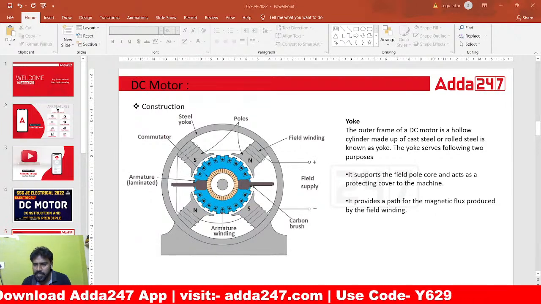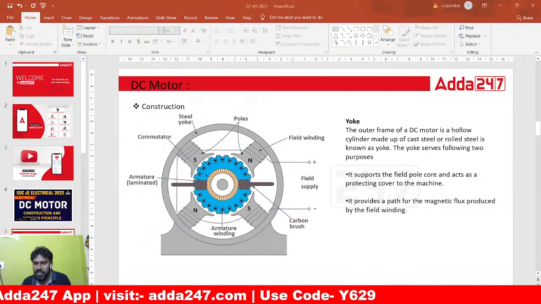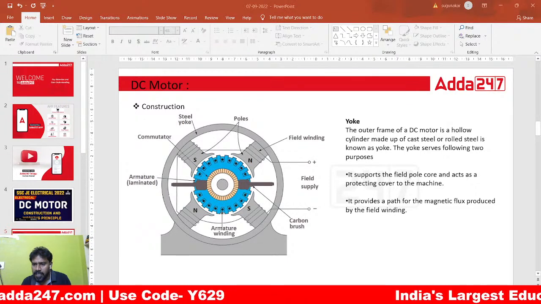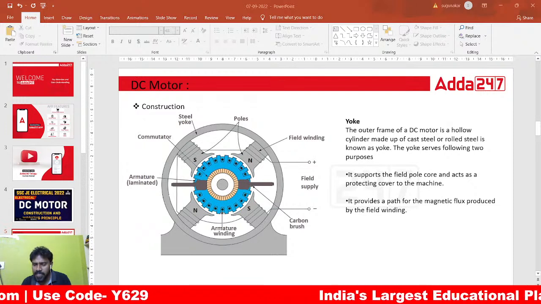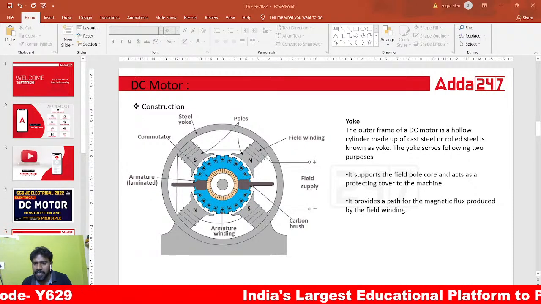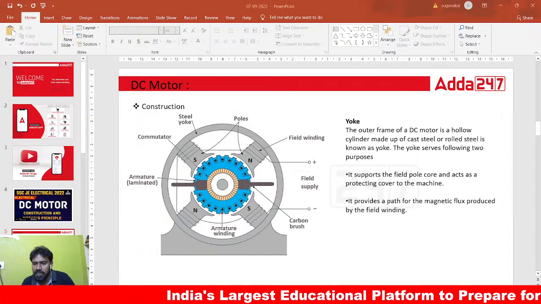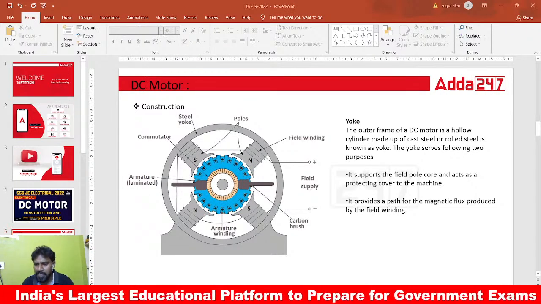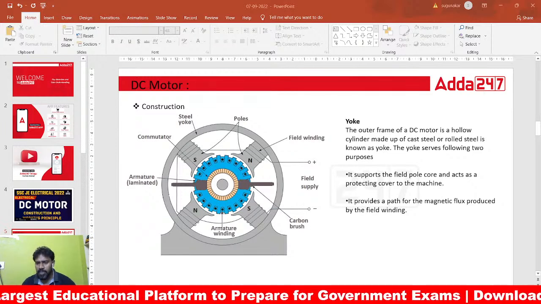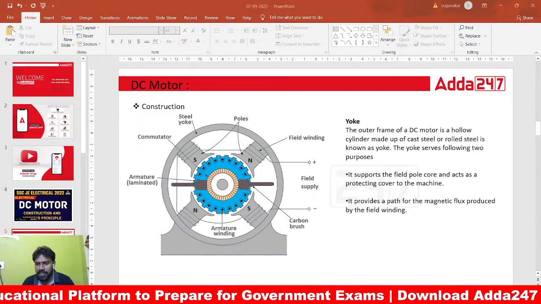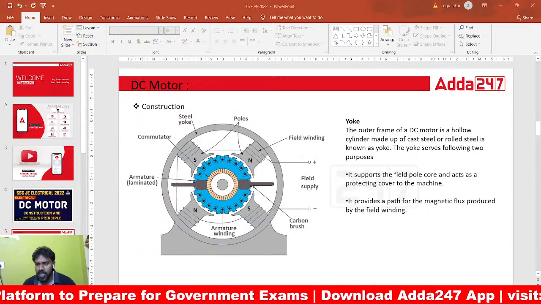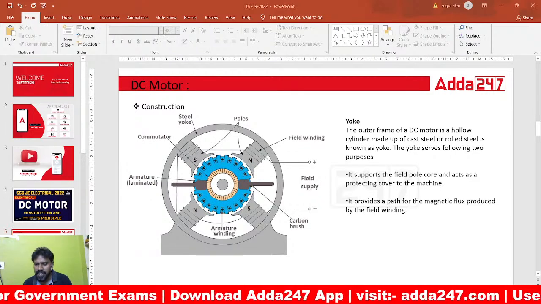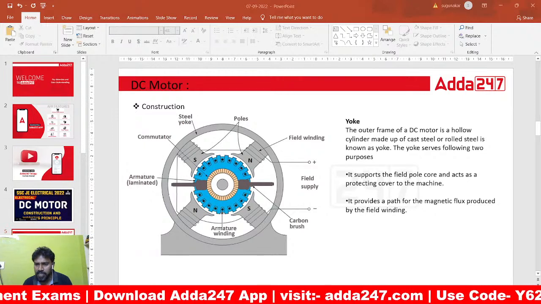Sometimes they ask the direct question. I am giving a hint: it is a protecting cover. The outer part of the motor protects the entire constructional parts. So, yes, yoke.